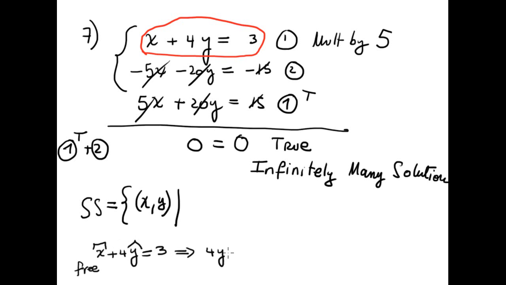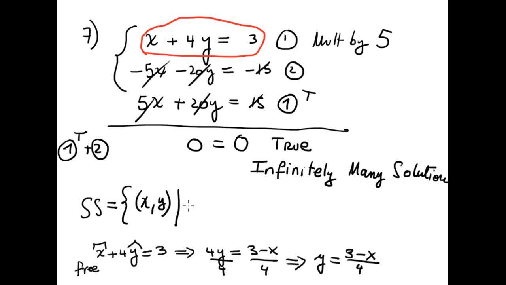y is equal 3 minus x, divided by 4, both sides. Then y is equal 3 minus x over 4.